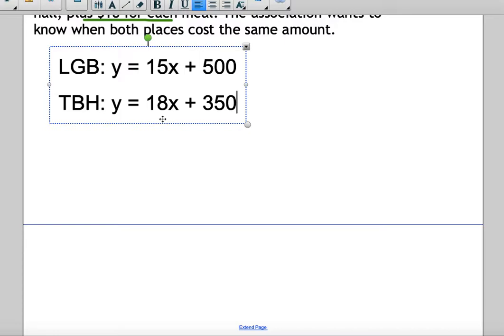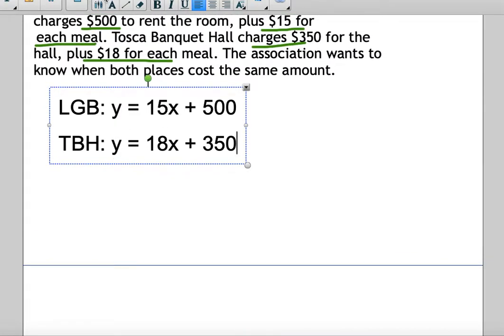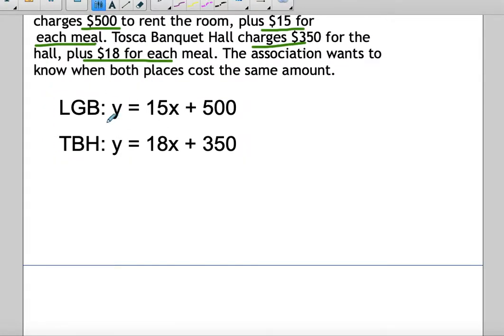So right away, I can see here that these variables are the same. So they're the same variable with the same sign. So that would indicate we can eliminate these.